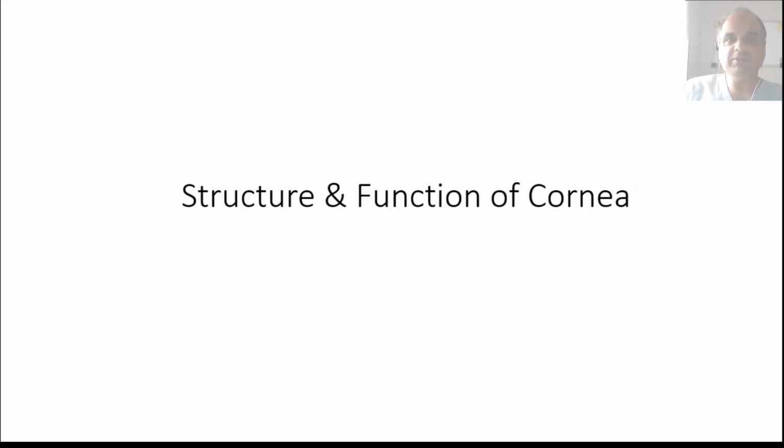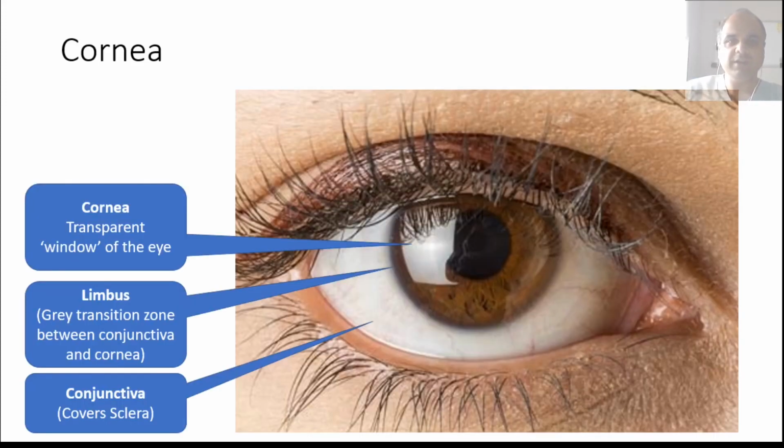So we'll talk about the structure and function of the cornea first, and before we get on to the nitty-gritty of it, this is just an anatomical overview of what the cornea is. It's basically the anterior 1/6 of the outermost coat of the eye. It's your window to the world.